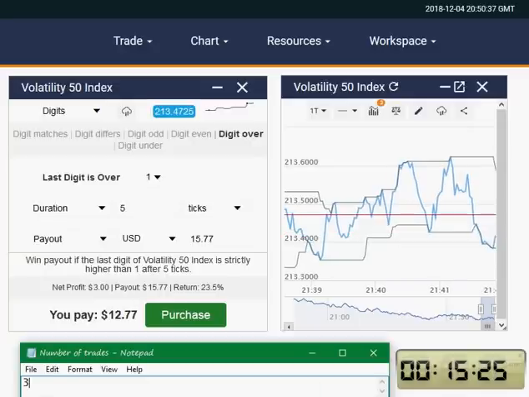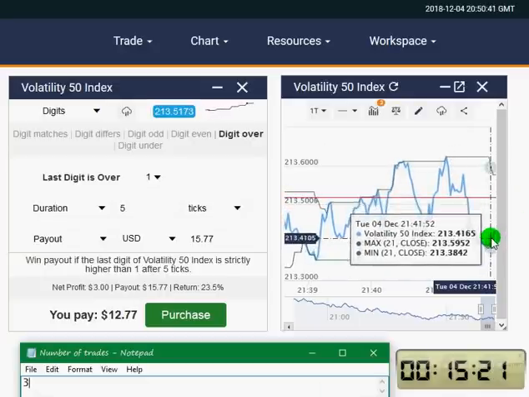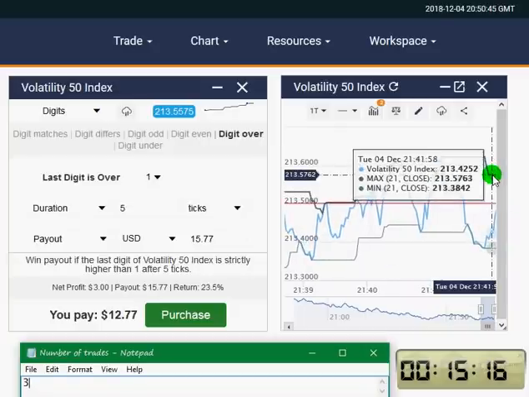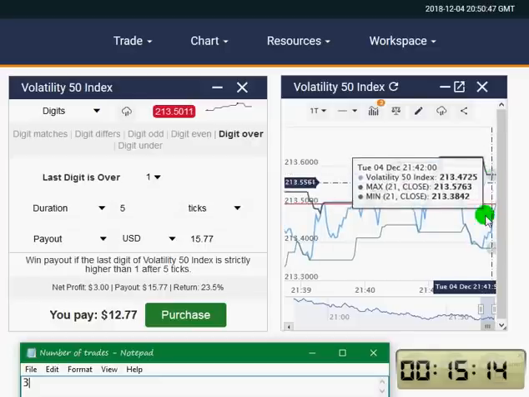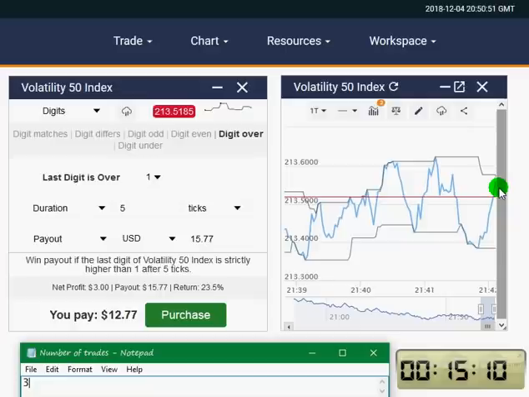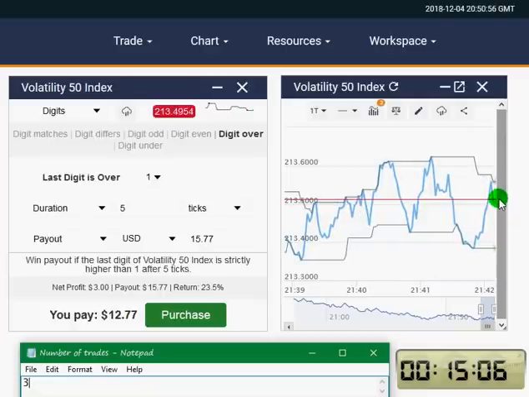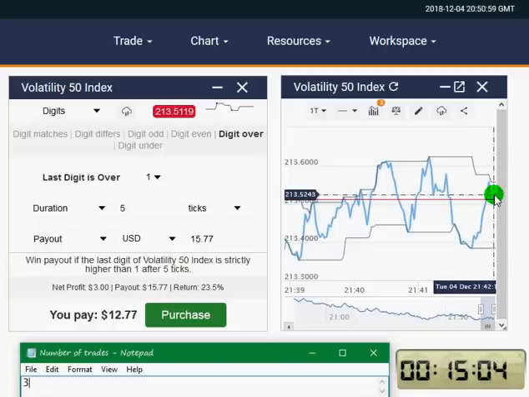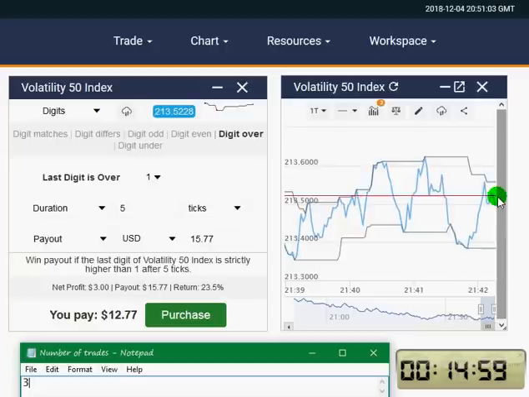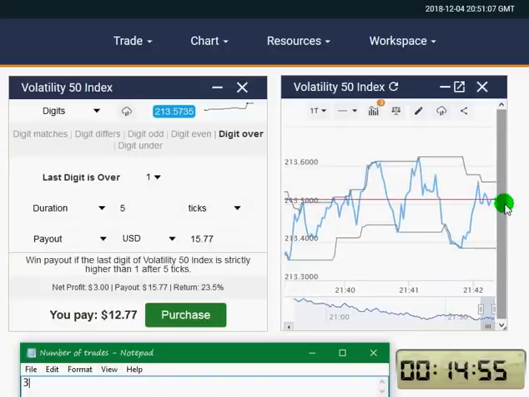As our third trade, I have to wait again for the middle chart to overlap or move past the maximum indicator. Please check all the settings very well. You can see it's moving up, going down again. It's close, moving close.